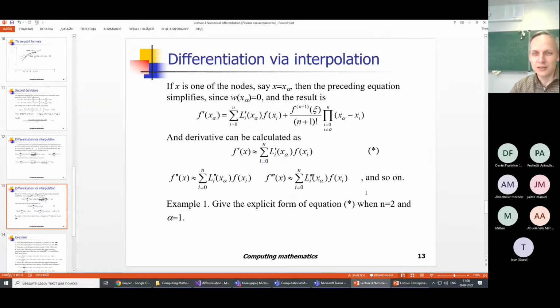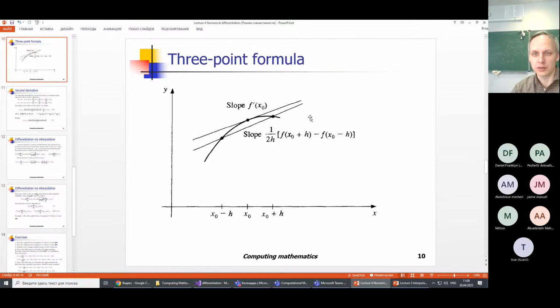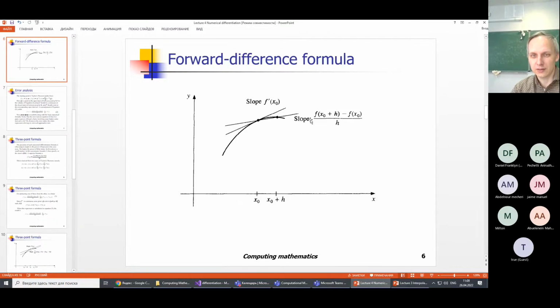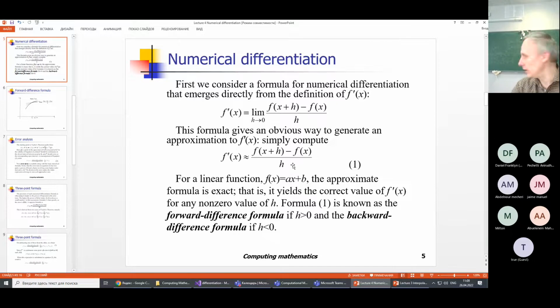So let's compare this formula that we derived from the interpolation polynomial with the formulas that we used earlier, with this one. If we take the value of x as x0, what do we have here? f of x0, f of x1, x0 plus h over h.